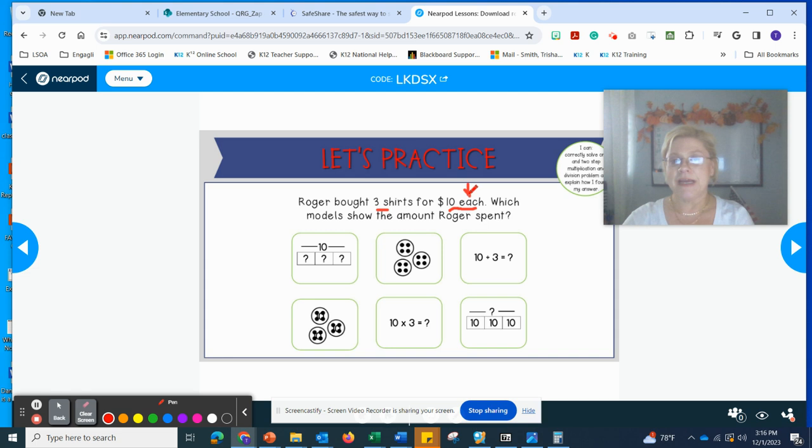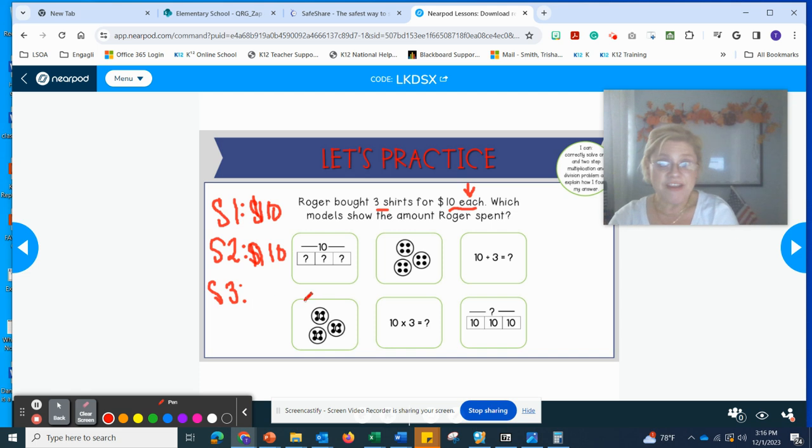Keyword right there, each. So that means shirt 1, $10. Shirt 2, $10. And then shirt 3, you got it.